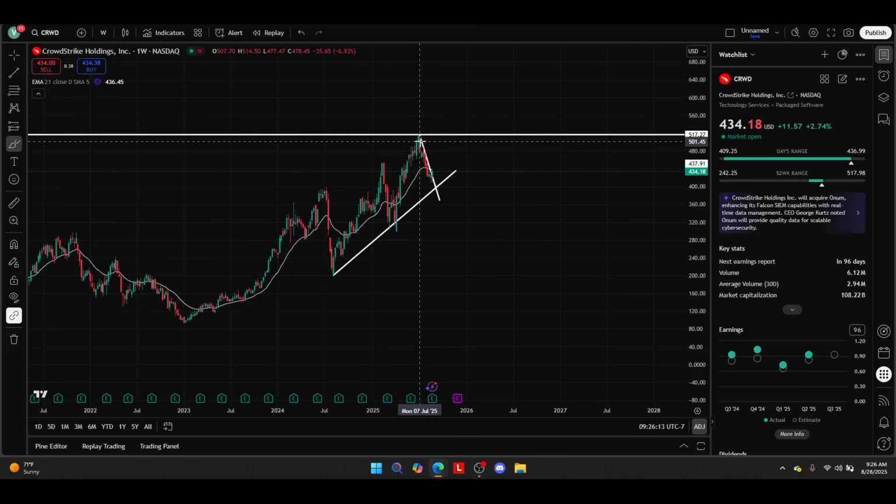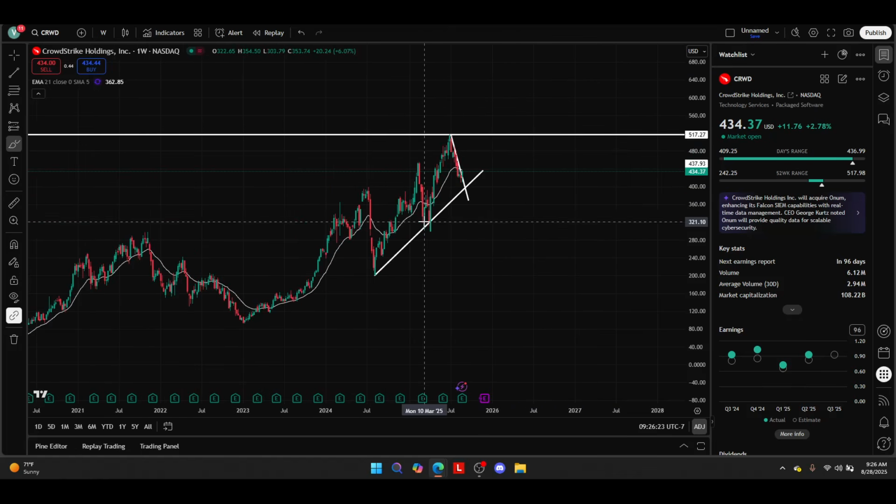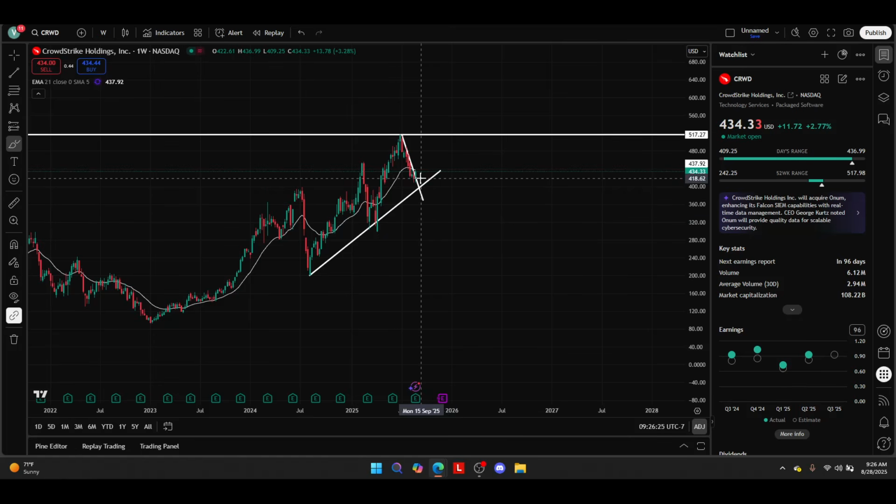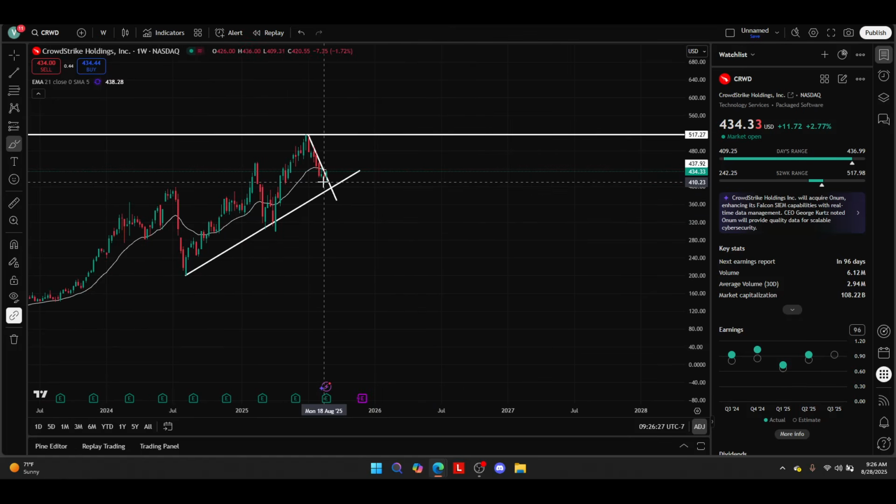So expect higher prices, but be open to invalidation, especially after reaching a long-term measurement target. But overall, I think this still looks pretty healthy for higher prices. So let's see how this develops. If you don't see continued momentum from here, then it probably wraps, and then we can probably roll over to the trend line in the low 400s, break that, and maybe even go for a further decline.